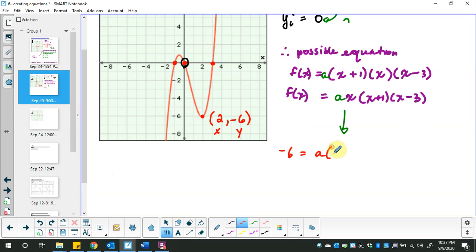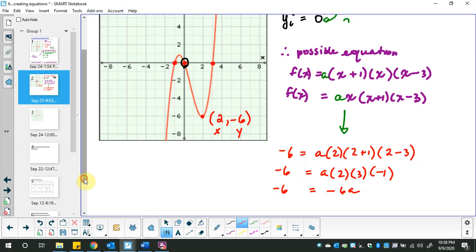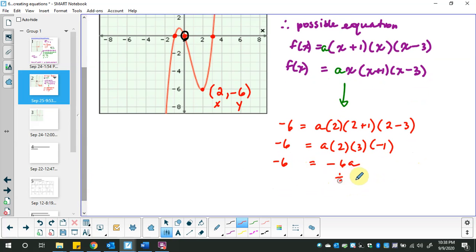Need the a, turn the x into a 2, turn the other x into a 2, turn the other x into a 2. And I'm noticing a pattern here that is not always true. The pattern I'm noticing is we're getting another a is 1. And that is not always the case. Sometimes your a is 5, and then you'll insert a 5 back there.